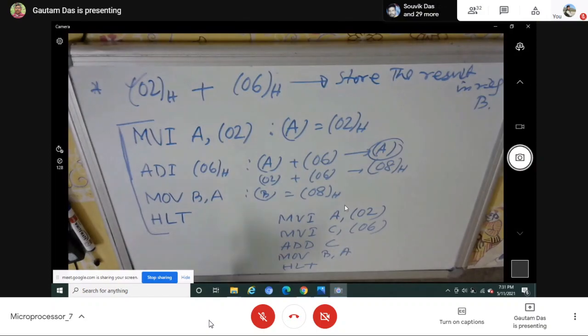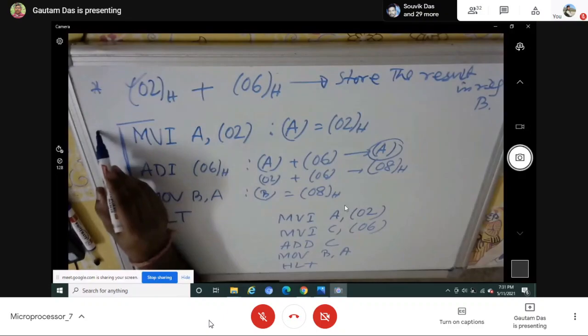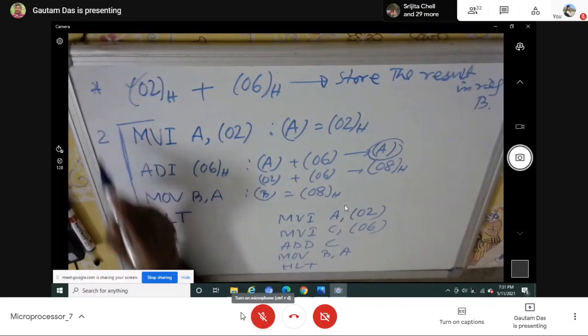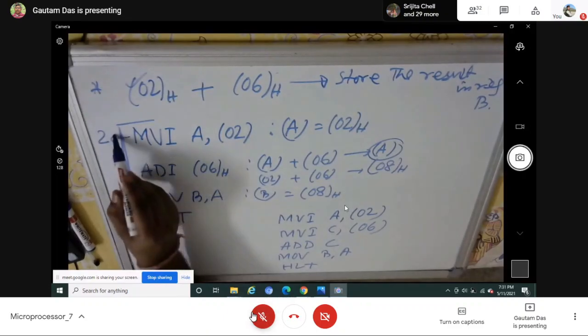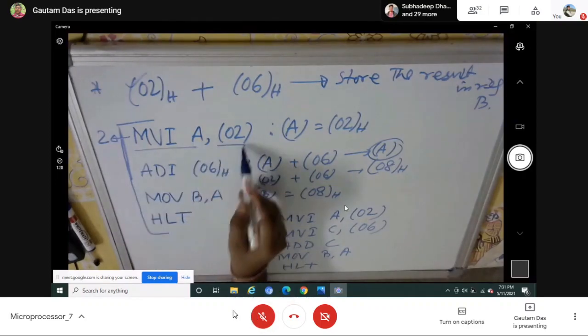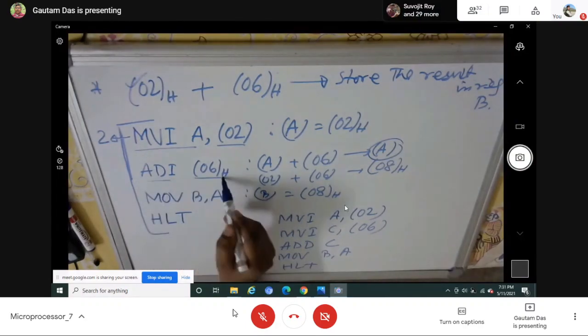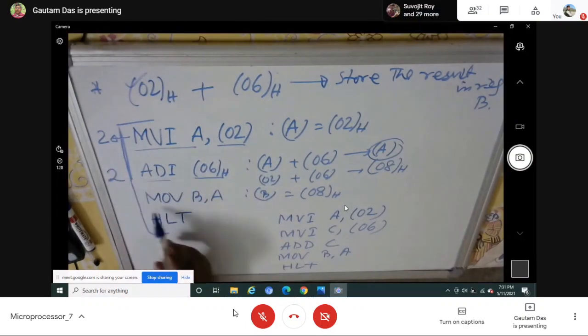Tell me, MVI A, 02, how many byte instruction is it? 2 byte. This is 1 byte, 8-bit data. This is 1 byte. This is 1. So your program is a total of 6 bytes.